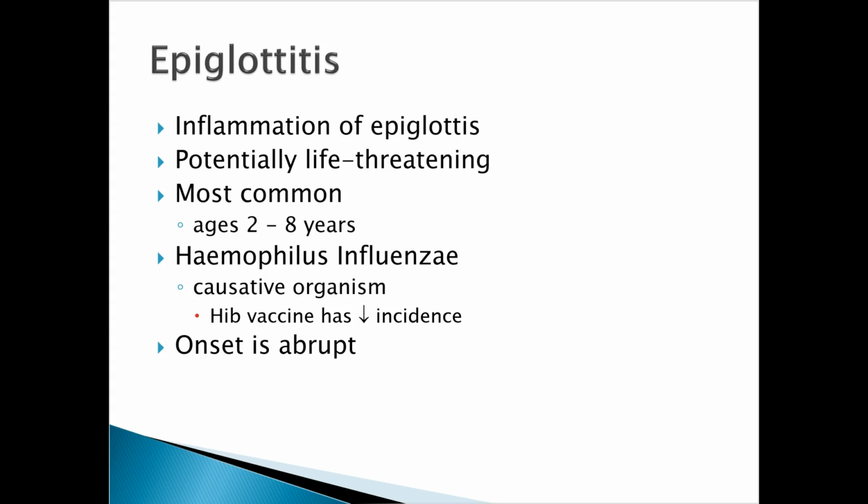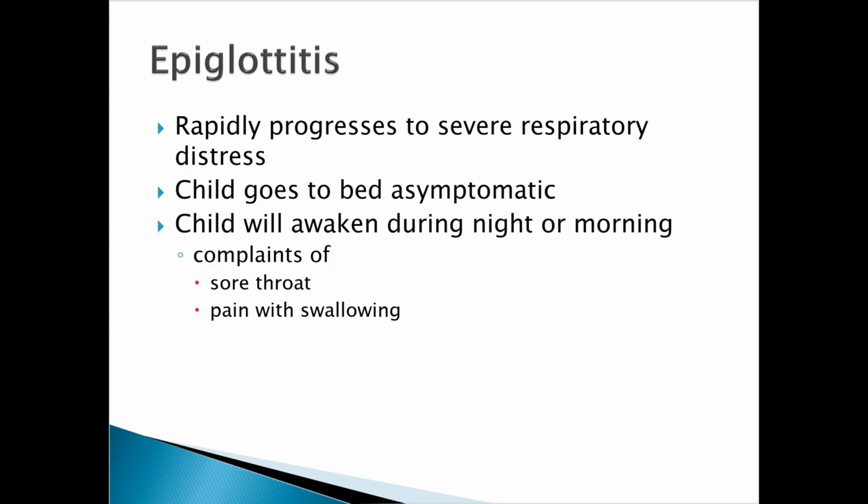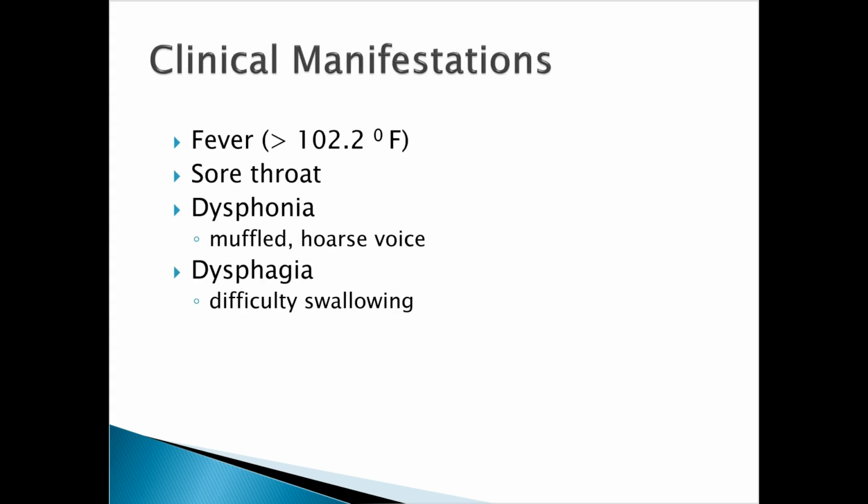The onset is typically abrupt, and the child rapidly progresses to severe respiratory distress. It is potentially fatal and is a very serious illness. The child may go to bed asymptomatic and then wake up in the middle of the night or in the morning with a sore throat and pain with swallowing. They're going to have a fever.